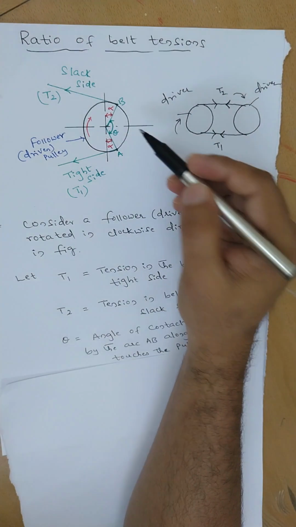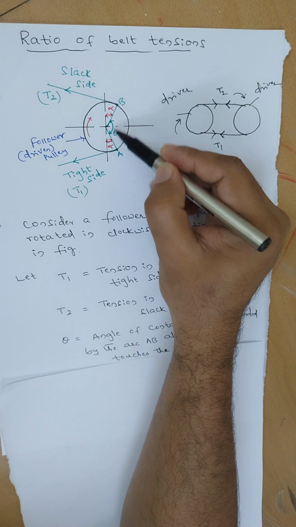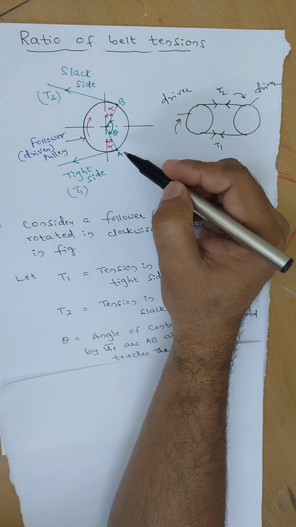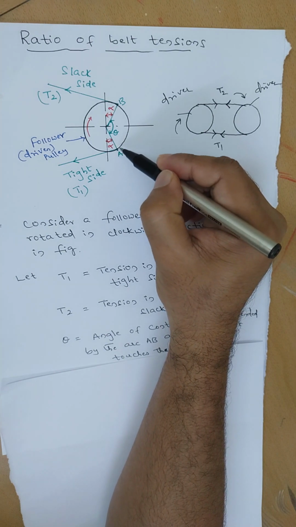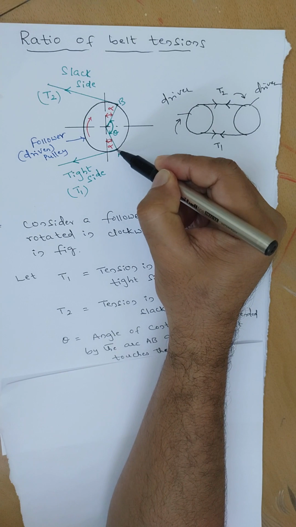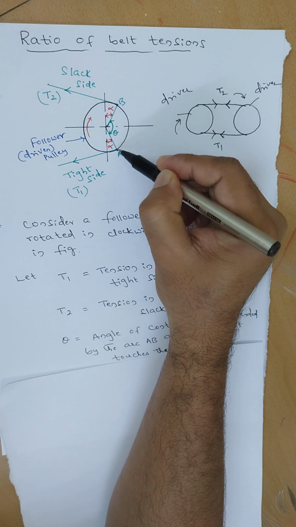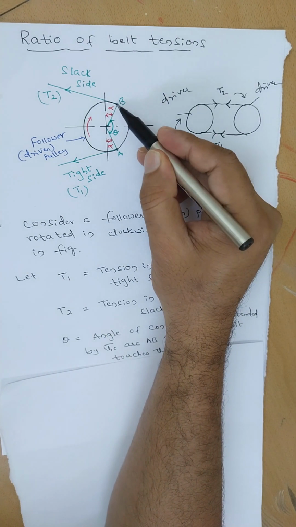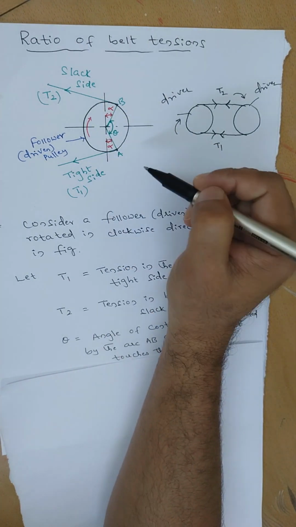Next, what is theta here? Theta is the angle of contact. What do you mean by angle of contact? It is where the belt touches the pulley. Suppose the belt comes and contacts the driven pulley from A to B. Only this is the contact area, and from B it leaves, and from A it leaves.